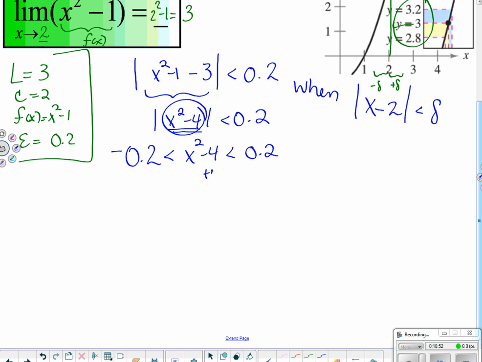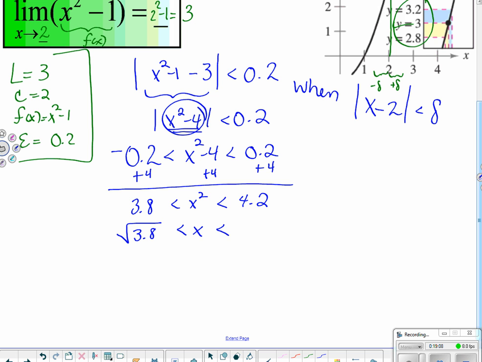Now let's add 4 to each of these sides, and this will give me 3.8 less than x squared less than 4.2. Take the square root, and I am going to keep the square root of 4.2 minus 2, because it'll go into my absolute value sign here and give me a certain distance away.